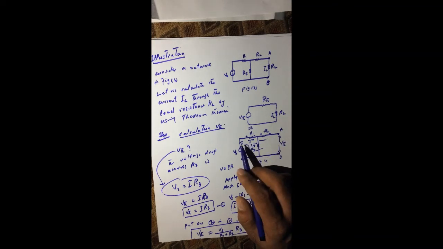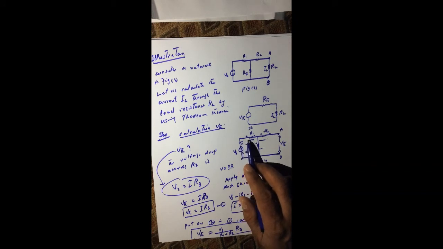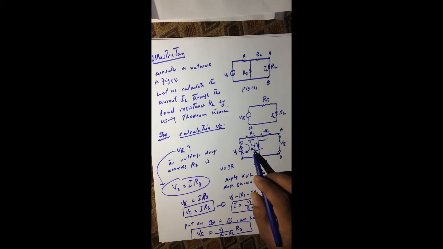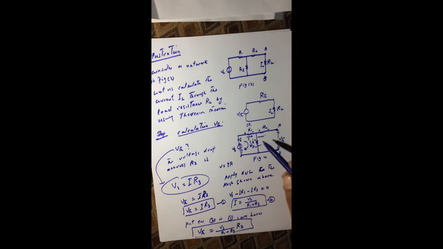Now this voltage source produces current I which is flowing through R1 and then through R3, because there is no current flowing through this R2, as this terminal is open. So if there is no current flowing through R2, there will be no voltage drop across R2. It means that the voltage drop across points A and B will be equal to the voltage drop across this resistor R3.